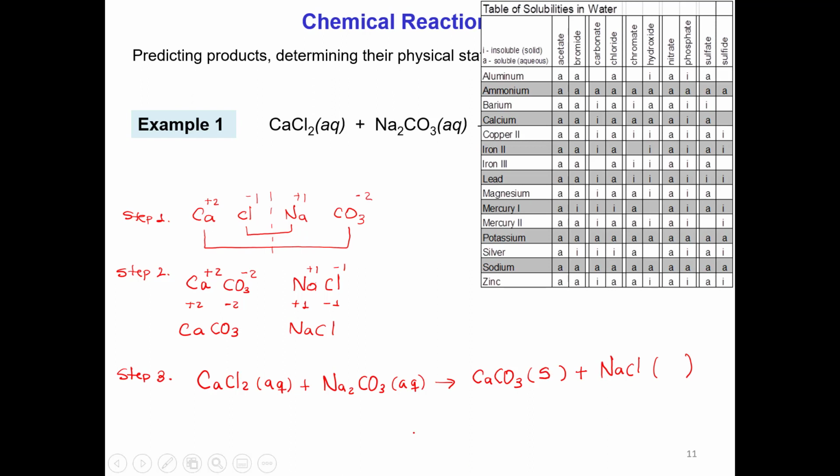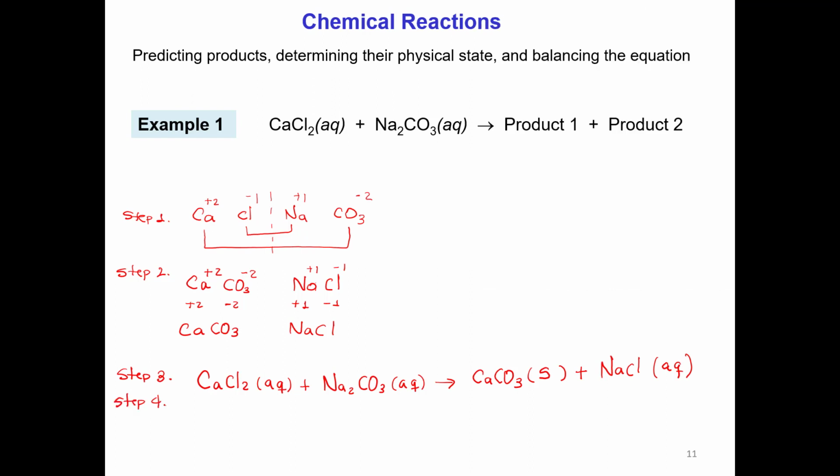Then sodium chloride, we check where it is, and we can see A means soluble, so it is aq. Now we complete step number 3, and we move to step number 4.